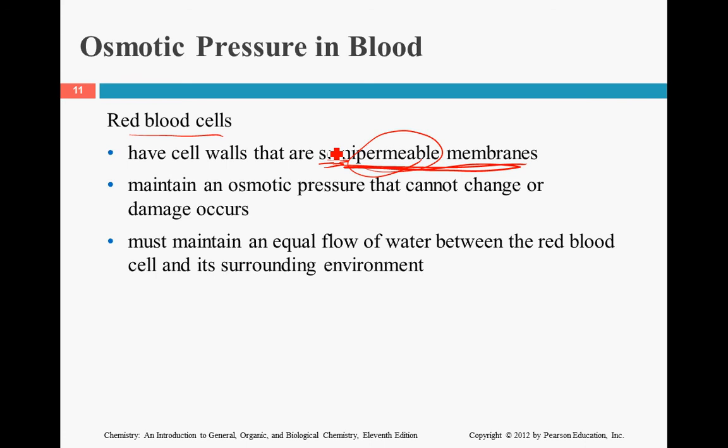The amount of solute on both sides has to be as equal as possible, otherwise you're going to have issues in the red blood cells. So it's that pressure, not necessarily what it is, but the pressure of what it is. The amount of ions that are there. If it does change, it's going to cause damage.